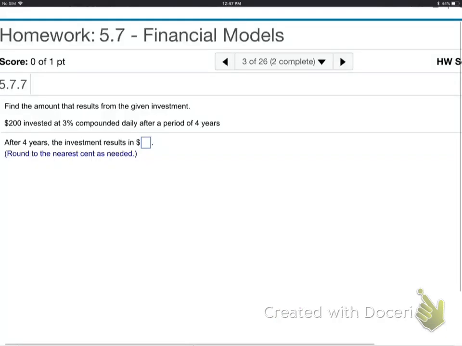Same kind of thing. A equals P, 1 plus R over N to the NT. So plug in the stuff there. See if you can get the answer.